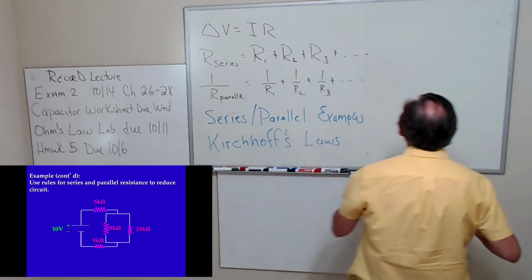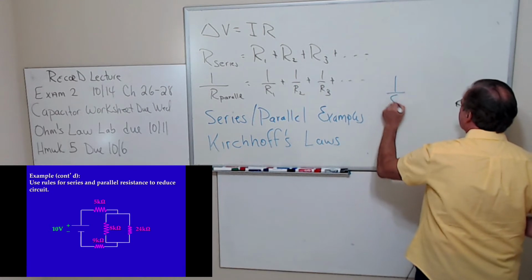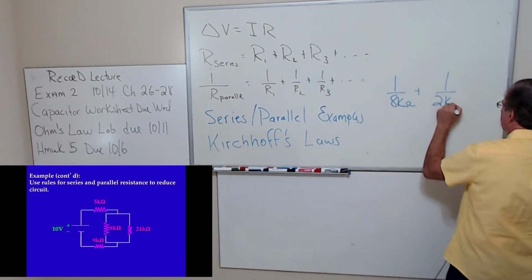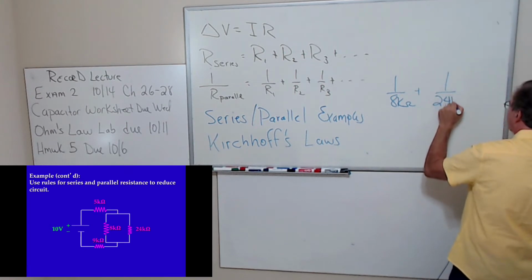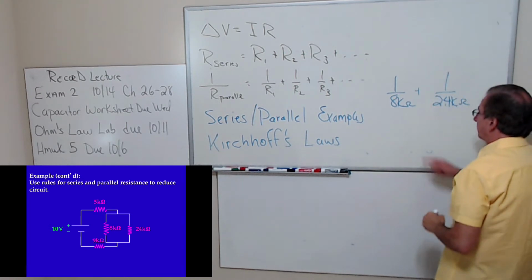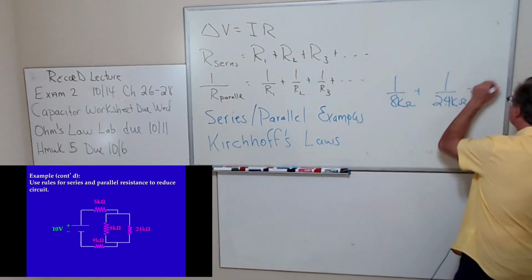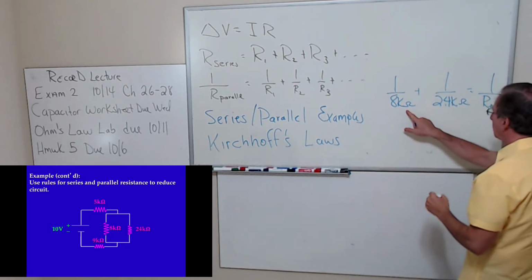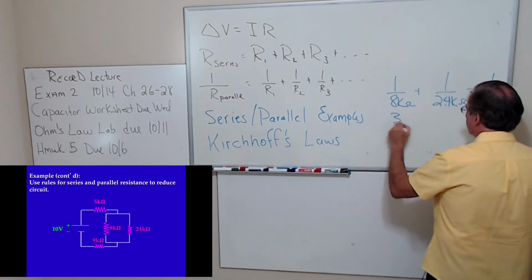Okay, so I have a 1 over 8 and a 1 over 24. I want to get a common denominator, which should be 24. So this is 3 24ths.